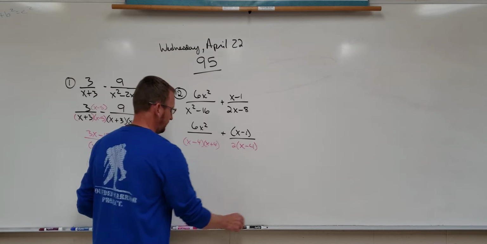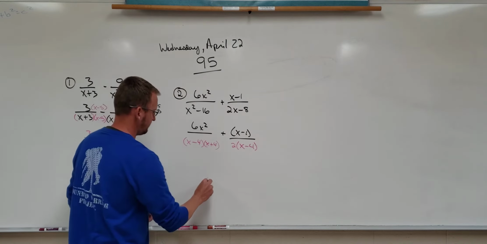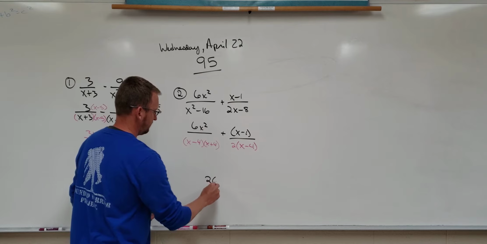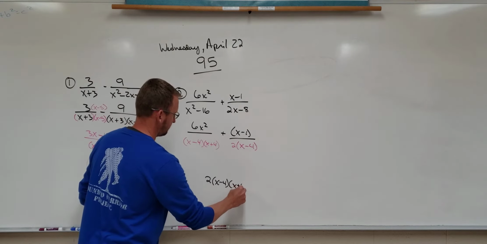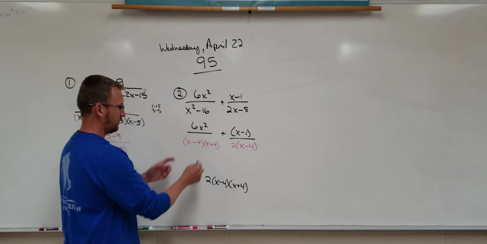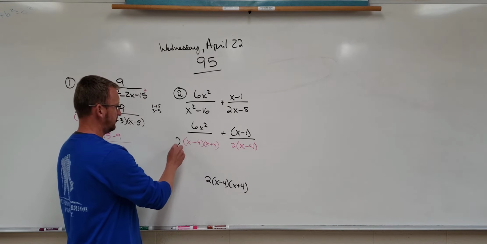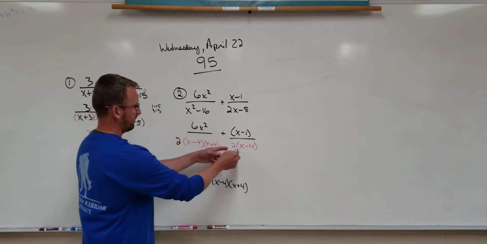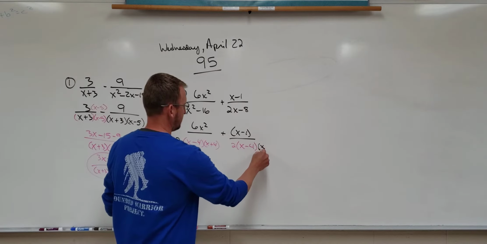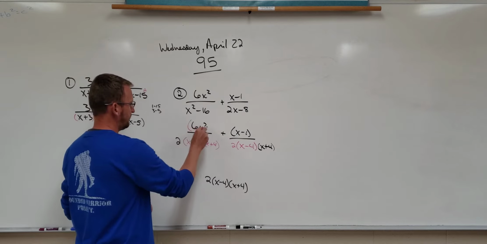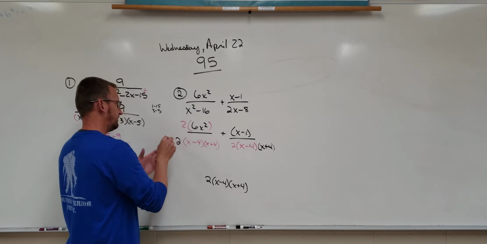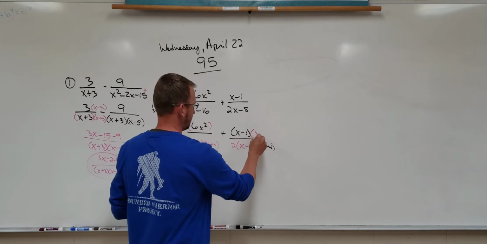But we need a common denominator, so we're going to combine, which means we have 2, x minus 4, and x plus 4. So what am I missing with this one? A 2. What am I missing with this one? The x plus 4. Which means I'm going to have to multiply the top times the exact same thing I did on the bottom.